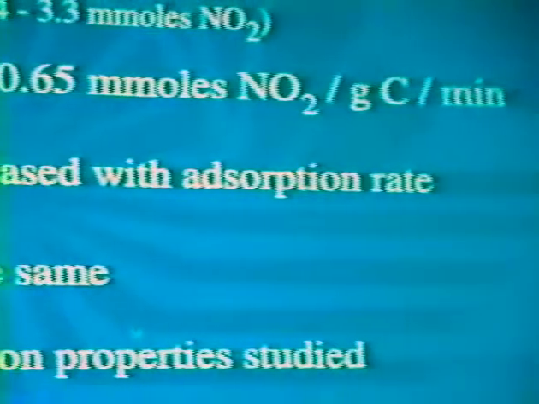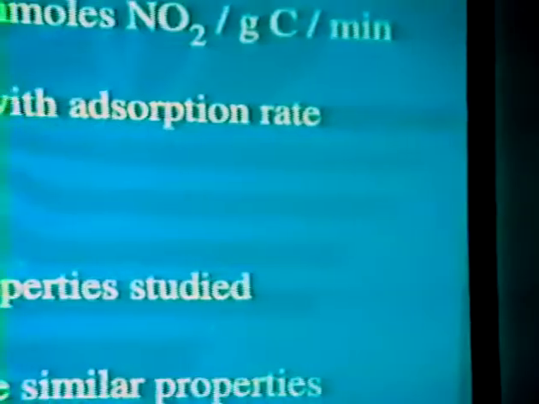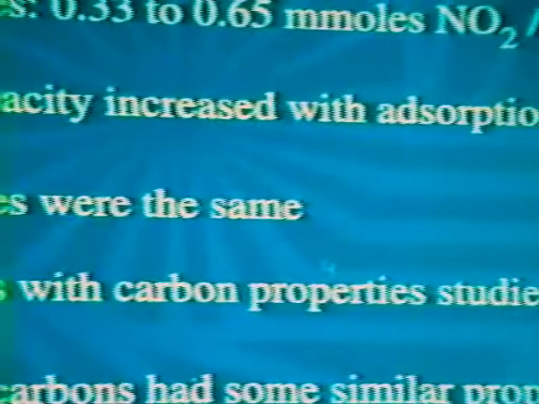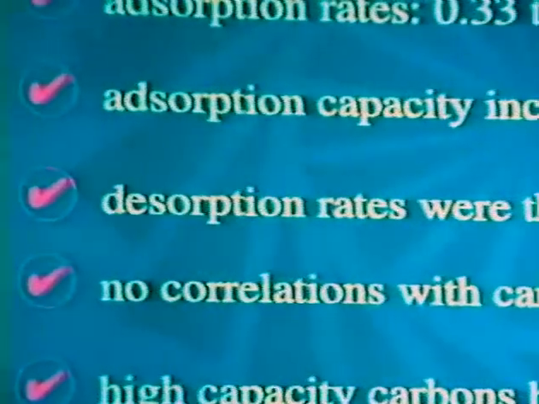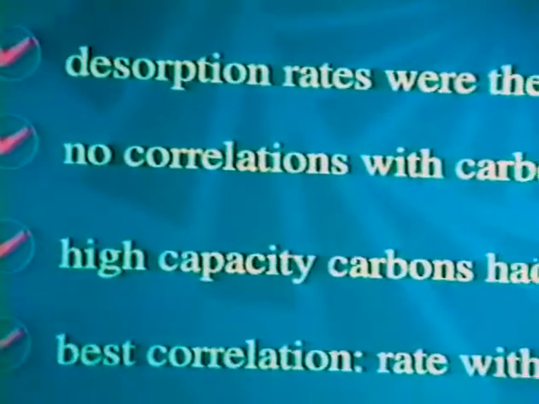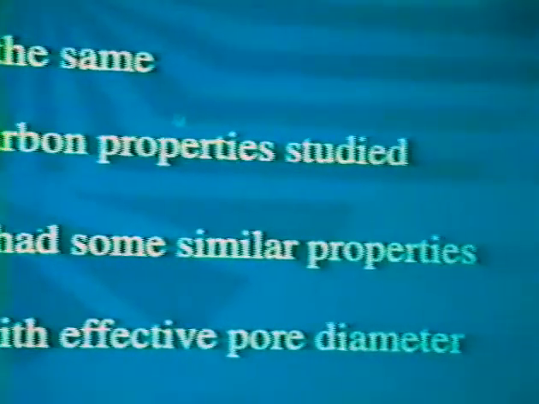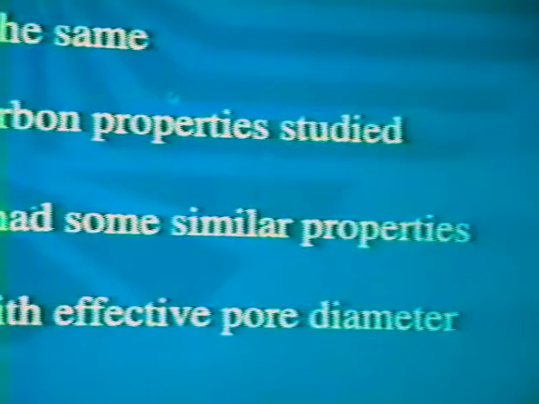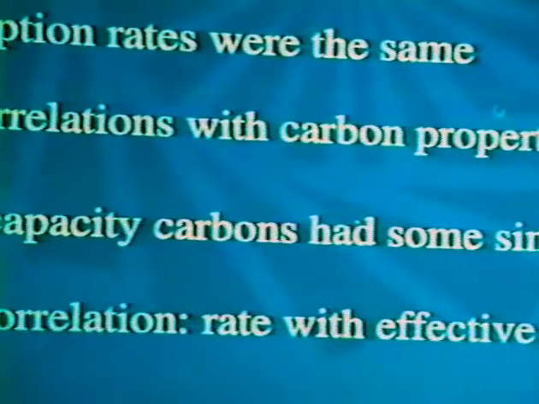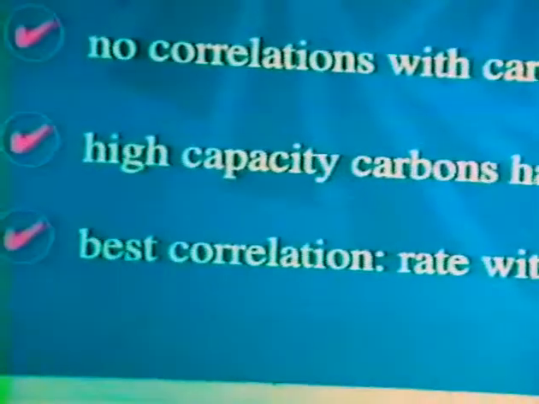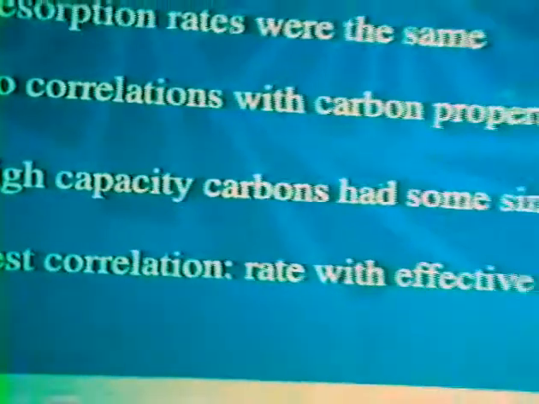The adsorption capacities increased with adsorption rate. Desorption rates were very similar, and we really found no correlations between the carbon properties studied and adsorption capacity. However, high capacity carbons did have some similar properties, and the best correlation was between rate and effective pore diameters.